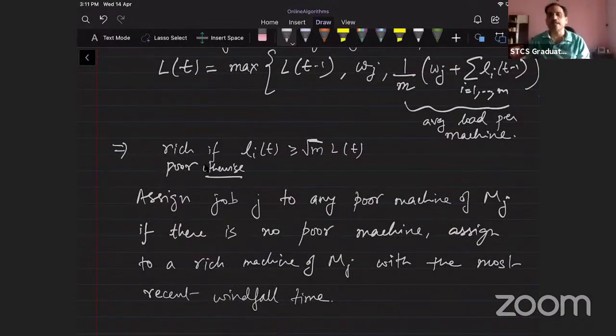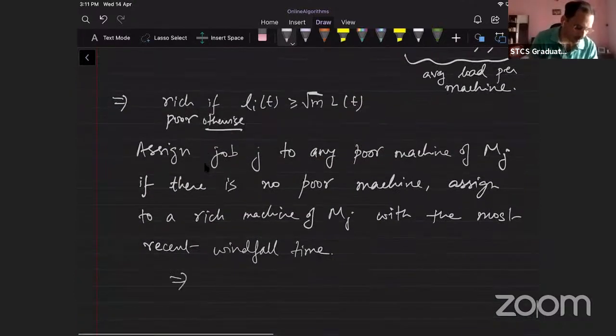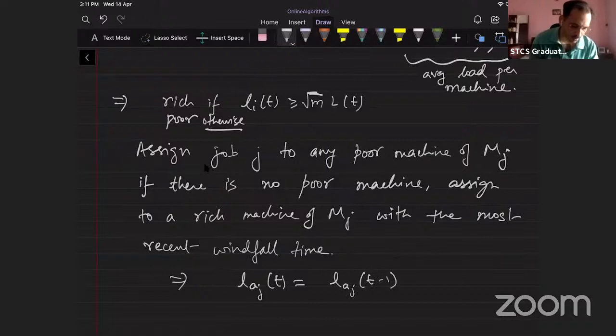So the algorithm would like to assign jobs to poor machines if possible, but if there are no poor machines, then among all the rich machines, find the one which became rich most recently and assign the job there. Thereafter, update the load: suppose the chosen machine is Aj, then L of Aj is equal to L of Aj at t minus 1 plus Wj.